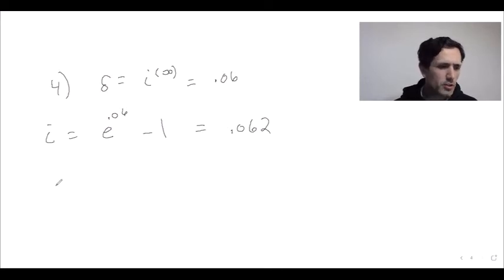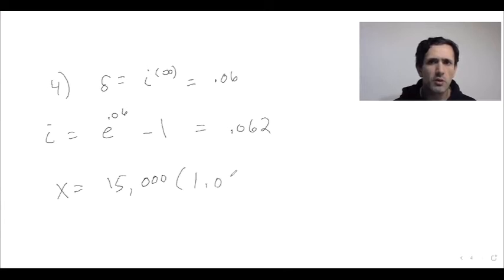And so, just like the logic of 3, X is going to be 15,000 times 1.062 to the 10th.